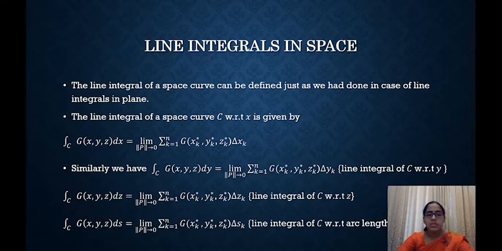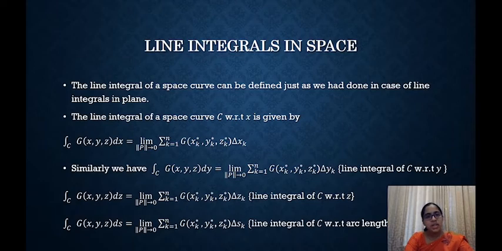The line integral of a space curve C with respect to x will be given by the integral over C of g of x, y, z dx, equal to the limit as norm P tends to 0 of the summation k equal to 1 to n of g of xk star, yk star, zk star into delta xk.